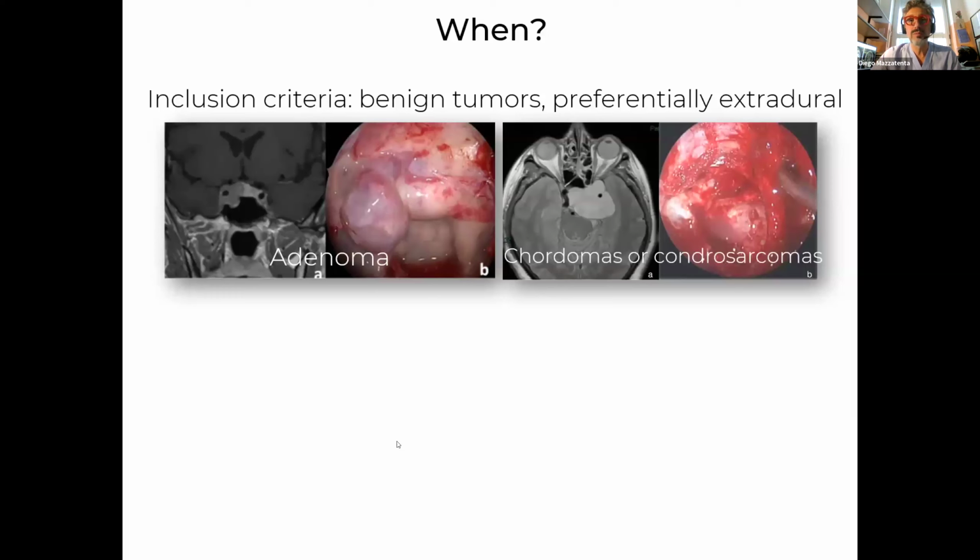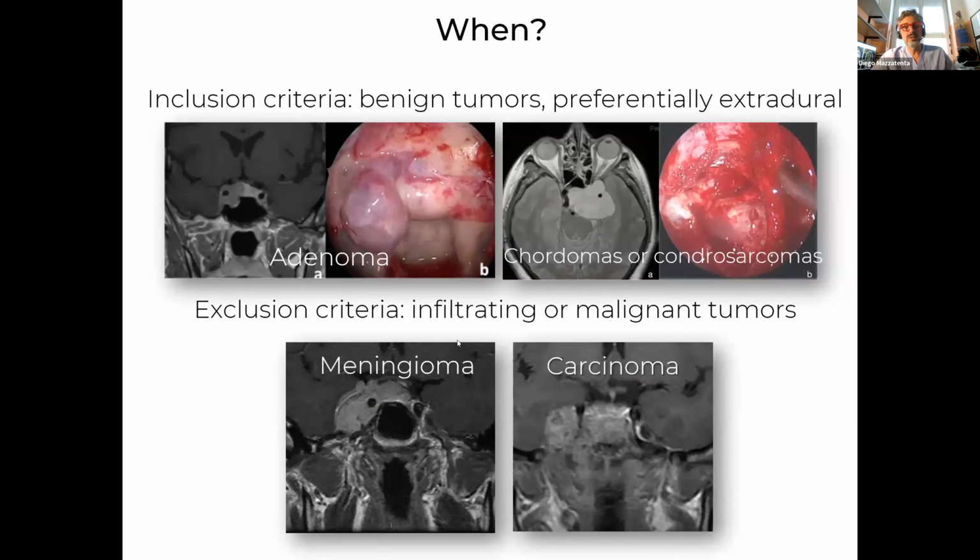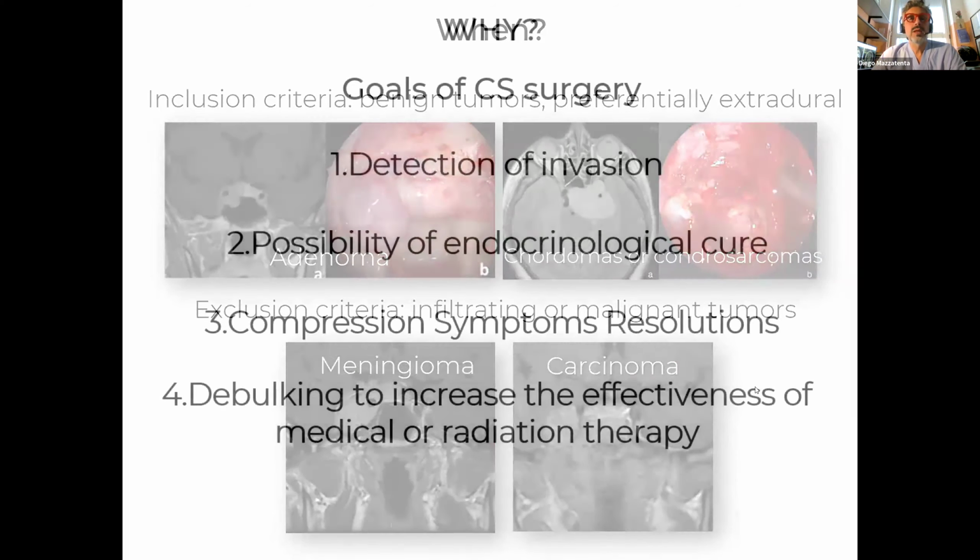Soft tumors, preferably extradural. Pituitary adenoma, chordomas, and chondrosarcoma are the best tumors you can treat using this type of approach and this technique. Conversely, malignant tumors and other infiltrating tumors such as meningioma will be more dangerous to manage the internal carotid artery during the tumor removal of this type of tumor.